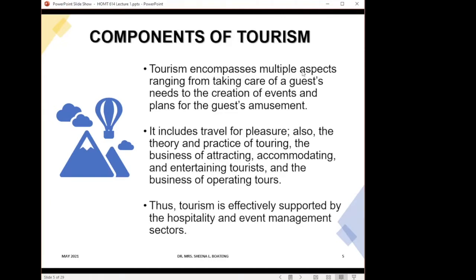Because if you are the manager of, say, a hotel, which is offering one service in this particular sector, you should know that your activities are affected by both. Your activities will be affected by tourism, being the movement of people from one place to the other. And your activities will also be affected by events management. Does that make sense?